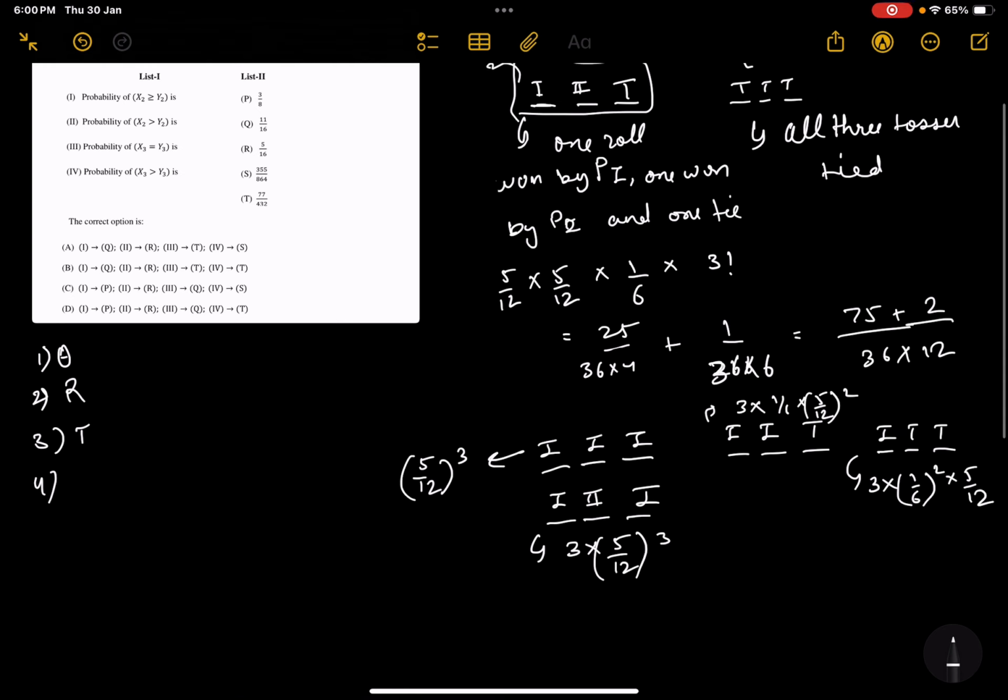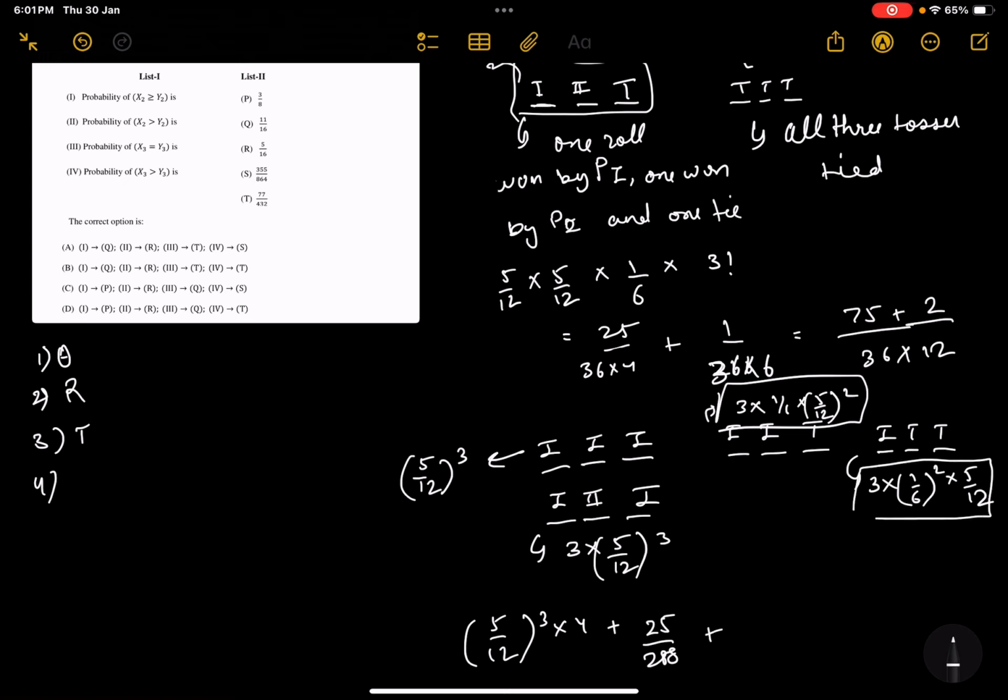So this becomes 5 cubed into 4 plus 25 by 288, plus 5 by 144.